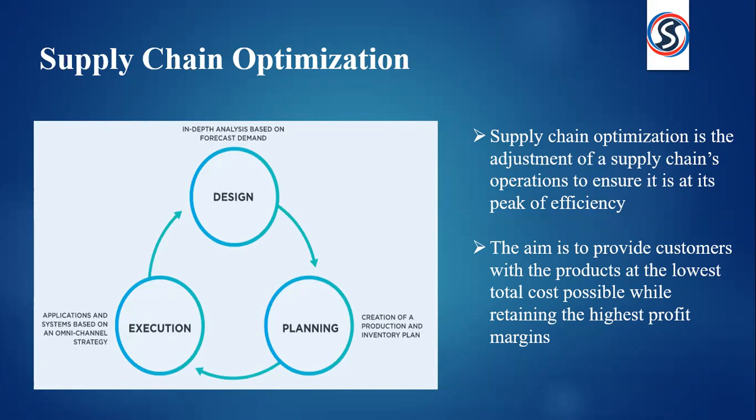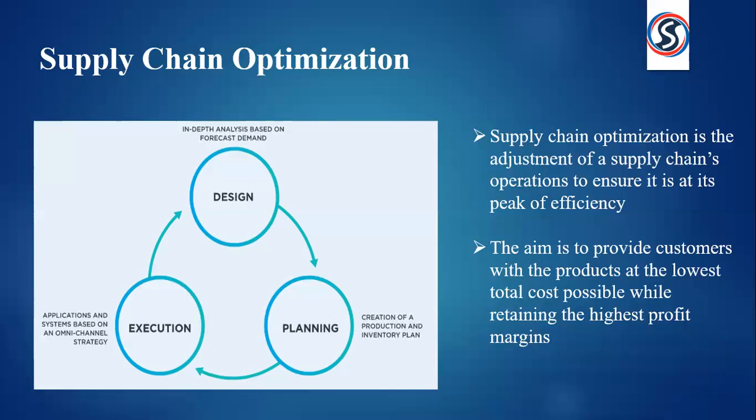Now, such optimization is based on certain key performance indicators that include the overall operating expenses and returns on the company's inventory. Fine. And the aim is to provide the customers with the products at the lowest total cost possible while retaining the highest profit margins.